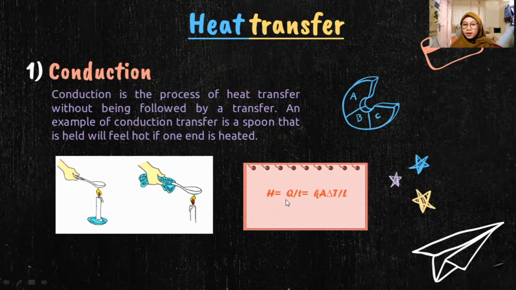H equals Q divided by T equals K times A times delta T divided by L, with K is thermal conductivity of the material, H is heat transfer rate, A is cross-sectional area in meters squared, delta T is system temperature difference in Kelvin or Celsius, L is length of rod or system, Q is heat in joule, and T is time in second.